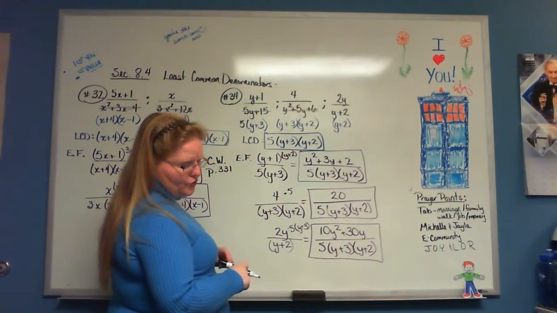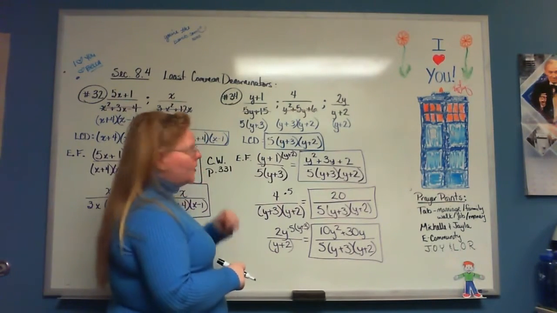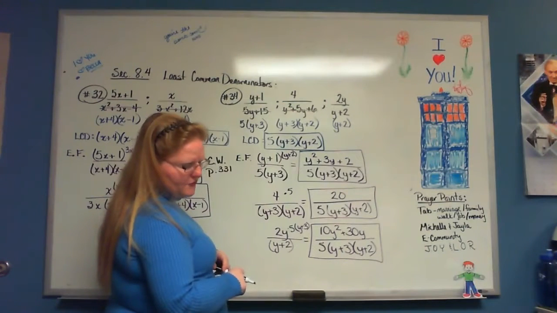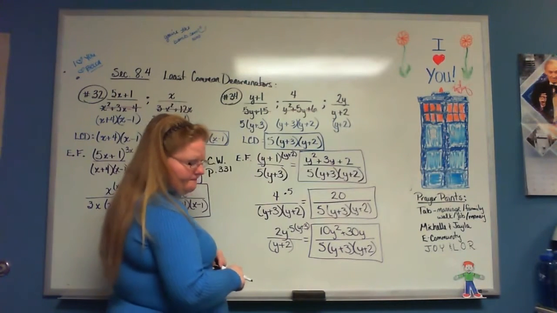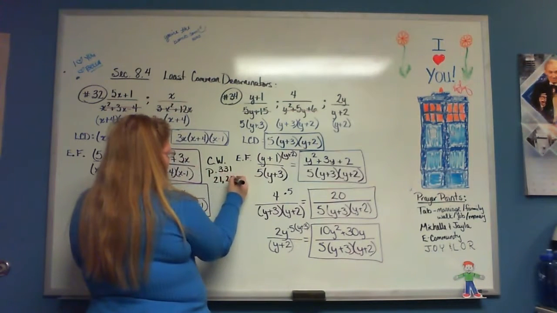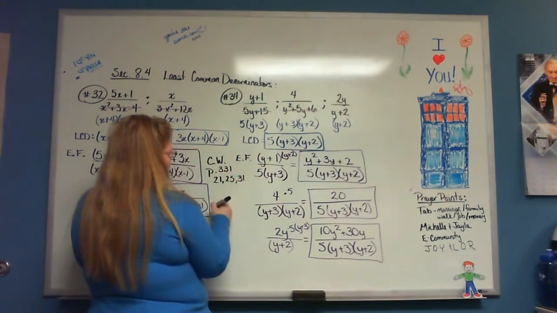Let's have you do all the odd. No, I'm kidding. I wouldn't do that to you. Let's see, number 15, I think I did. So 21, 25 and 31.